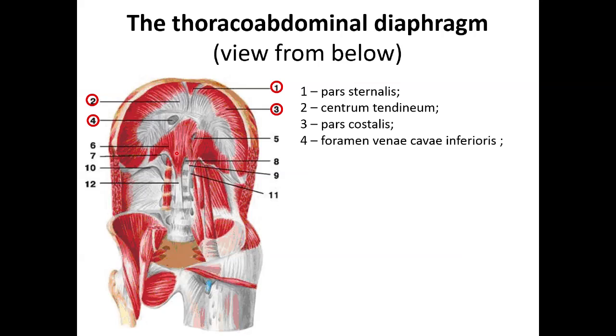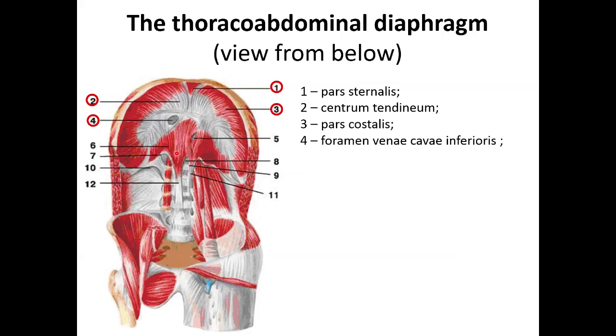Vena cava superior makes venous drainage of the upper part of our body, and also head and neck and upper extremities, and vena cava inferior makes venous drainage from the lower part of our body and lower extremities.